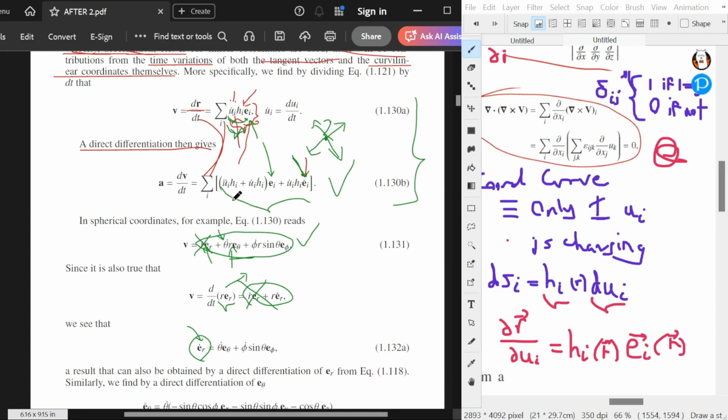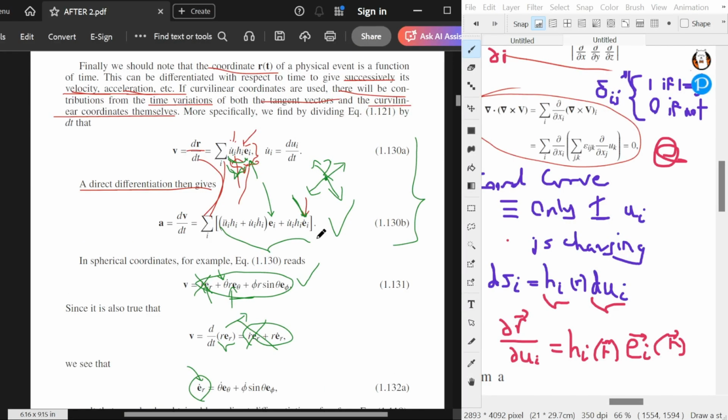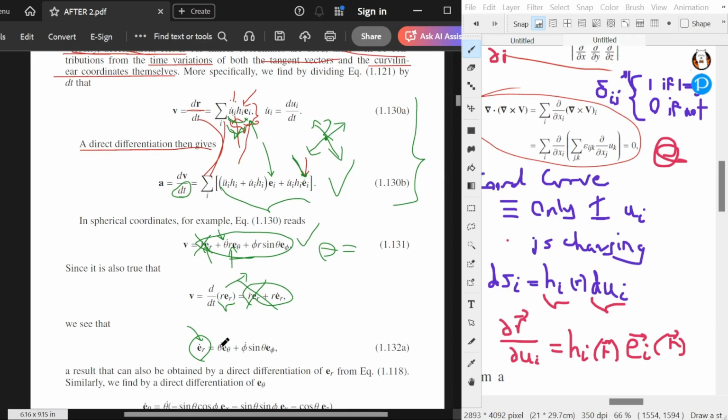Is this just normal theta? Yeah, this is just normal theta. I guess the idea is that theta is a function of something. Oh no, theta is a function of time. Yeah, dot means time. Everything makes sense.